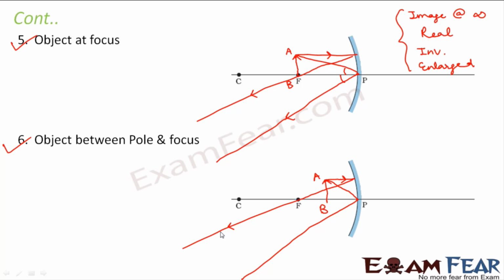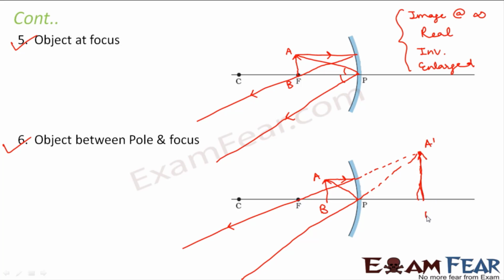So there is no possibility that they will meet in future. If the two rays are going parallel, we assume that they will meet at some infinite point. But if they are moving away from each other, there is no possibility that they will ever meet. So in this case, we extrapolate it at the back and we see that they appear to meet at this point, and then we say that this is my image.